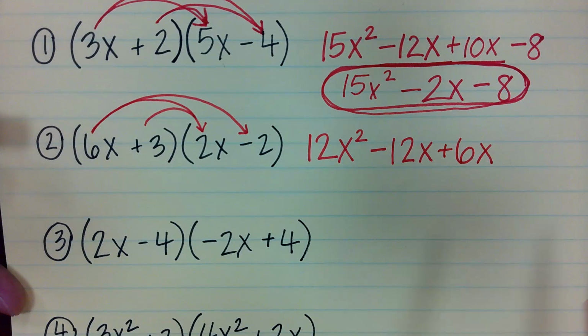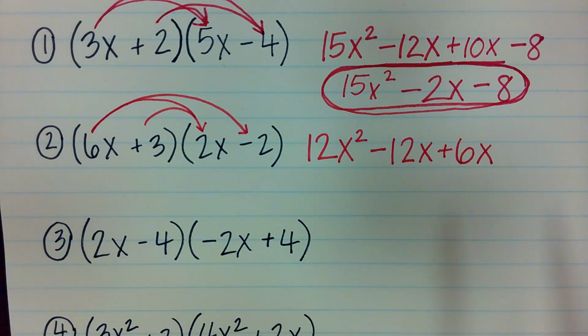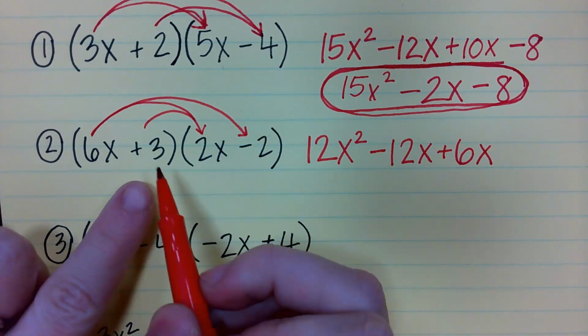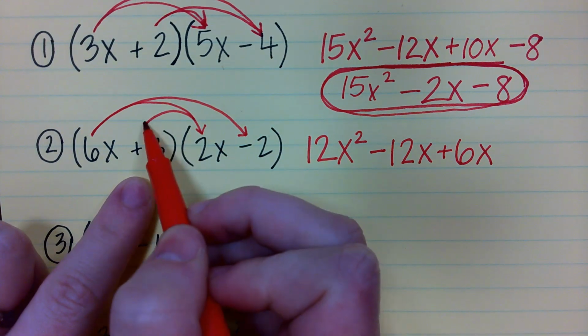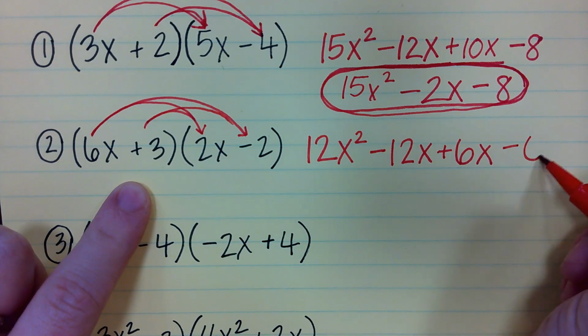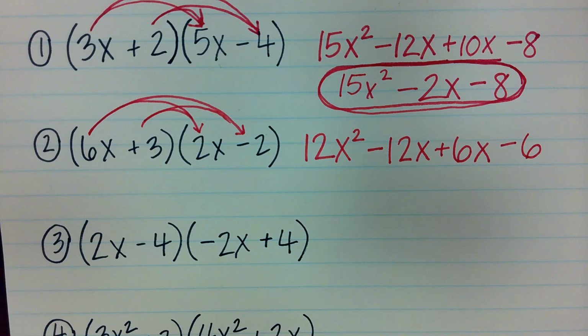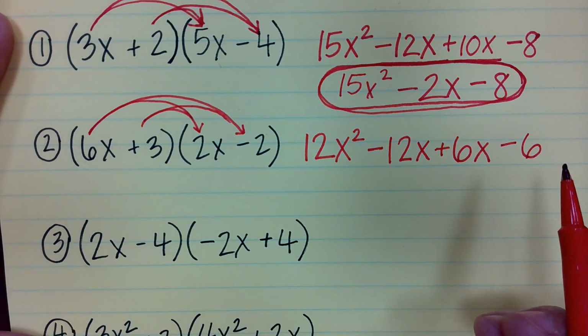6x. Now, is it 6x or 6x squared? Yes, this is 6x. And what about our last terms? Negative. Perfect. 3 times -2 is -6. Are we done? No. We got one more step to do.